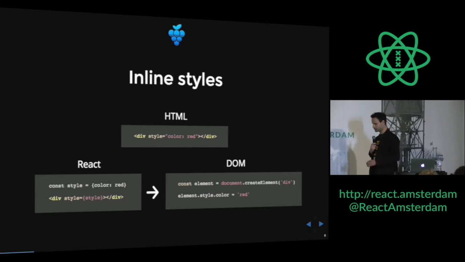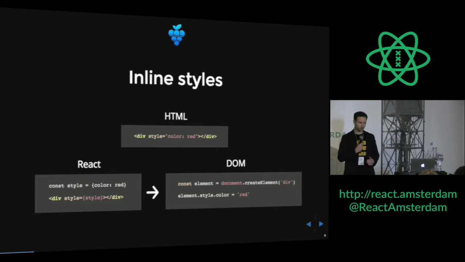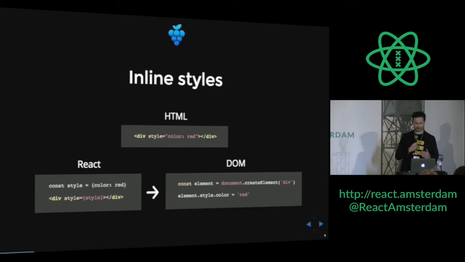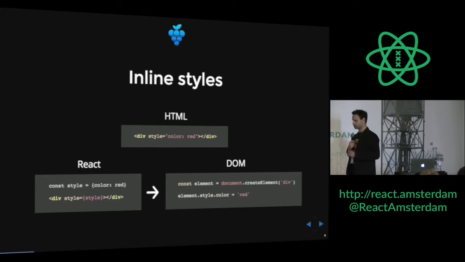To explain the benefits of my solution, I need to start with these slides, because this is the base of the initial problems we have always been trying to solve. So his suggestion is to use inline styles to solve these problems.